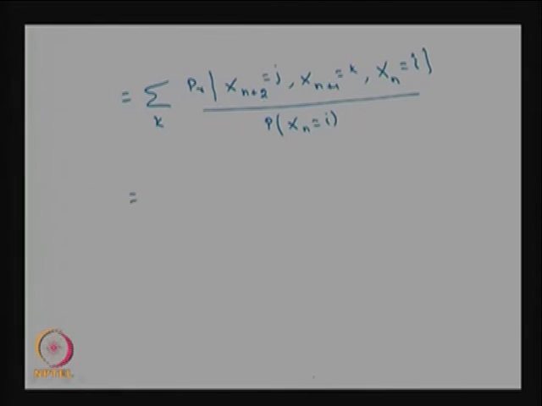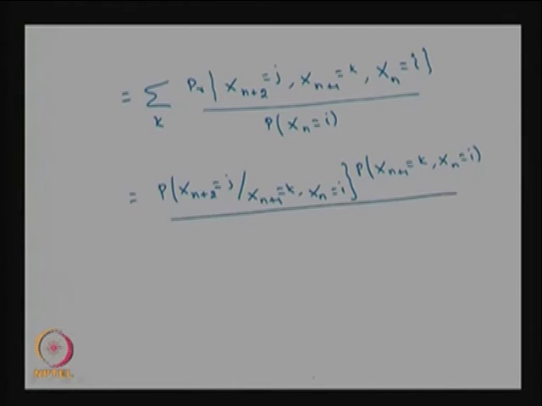I can write it in the form of the conditional probability that X_{n+2} takes the value j, given that X_{n+1} takes the value k and X_n takes the value i, times the probability that X_{n+1} takes the value k and X_n takes the value i, divided by the probability that X_n takes the value i, and here the summation is over k.